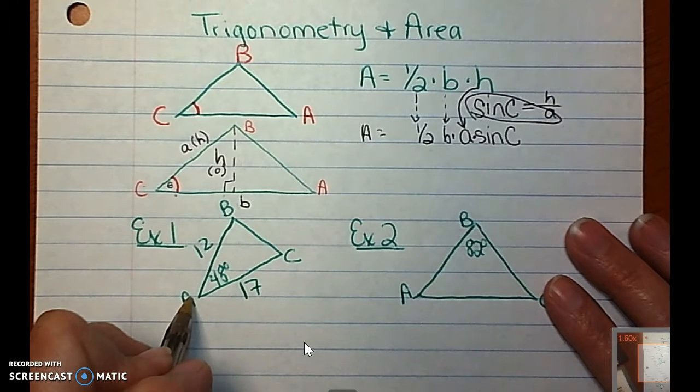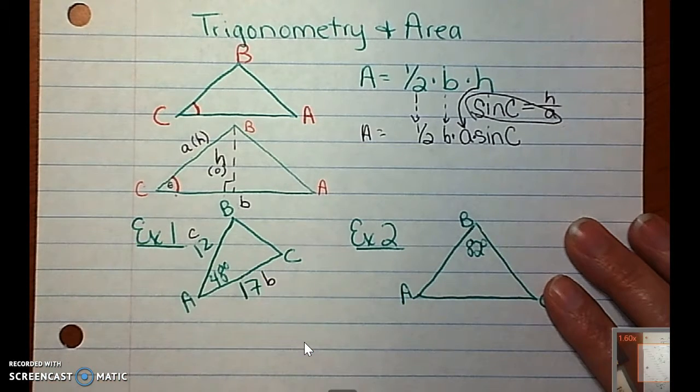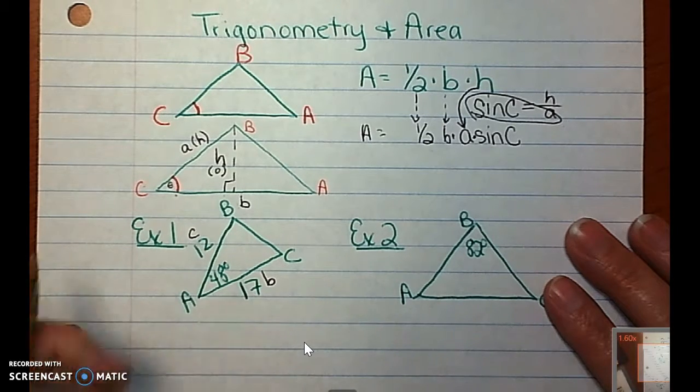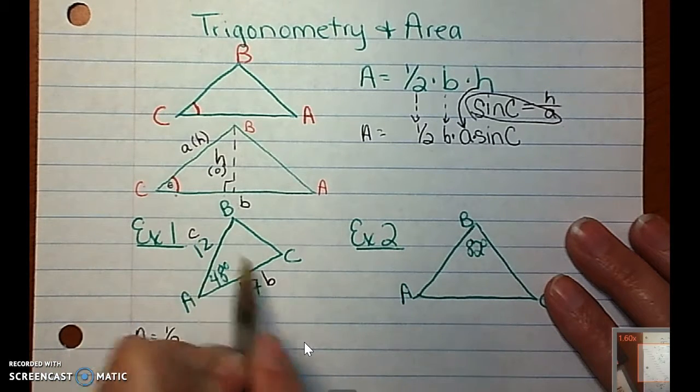I have angle A, I have side length B, and I have side length C. But I still have a pattern of side angle side. So the formula changes just a little bit because I'm going to be multiplying my side lengths.